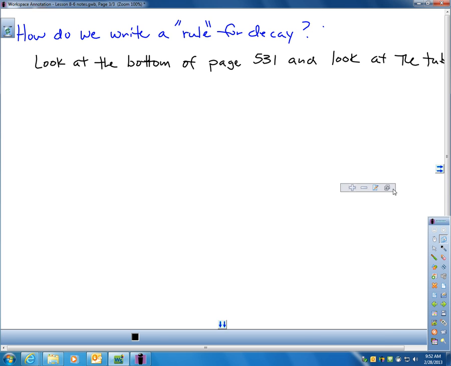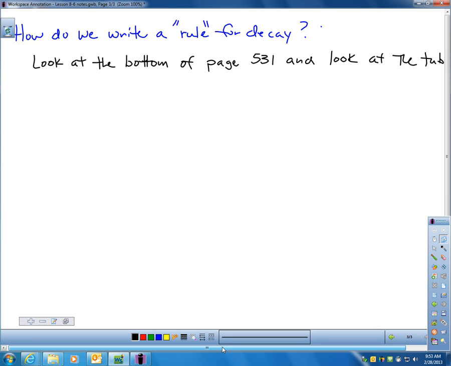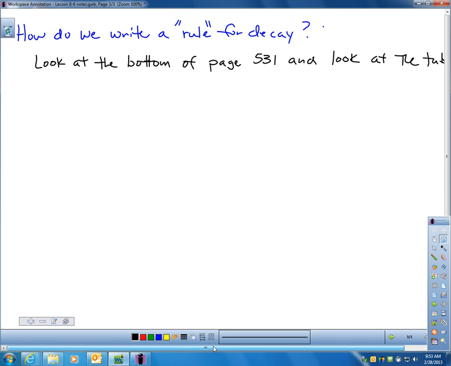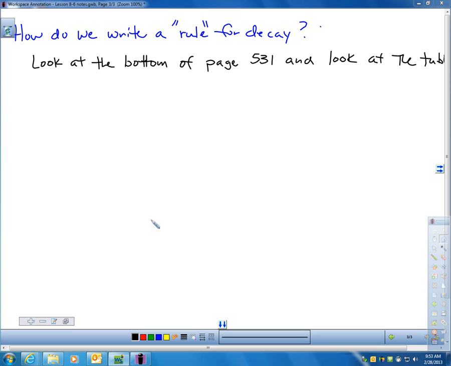How do we write a rule for decay? And again, good news, it's the same thing we did prior. Remember, a linear function, if there's an addition or a subtraction pattern in our table for y, that would be linear. When there is a multiplication pattern for y, that is exponential. We can review that on page 531.